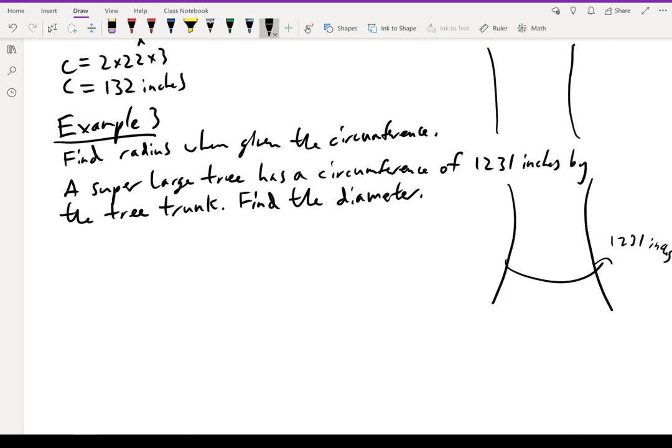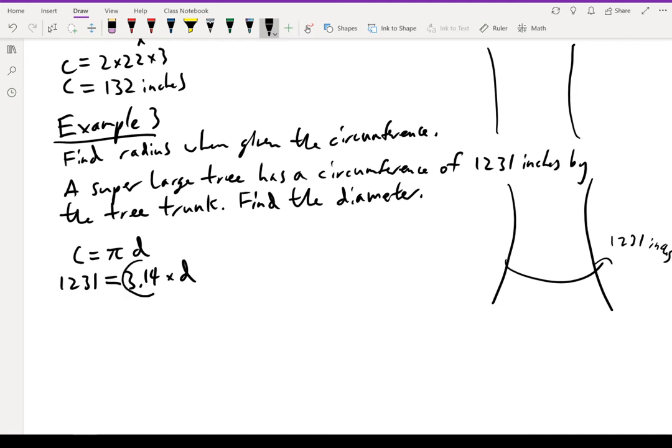We want to find the diameter, so the circumference is equal to pi d. This time, let's plug in the numbers that we have. The circumference is 1,231 inches, and that is equal to, let's approximate it using 3.14, 3.14 times d. And how do we find d?